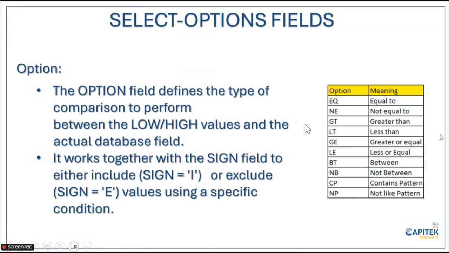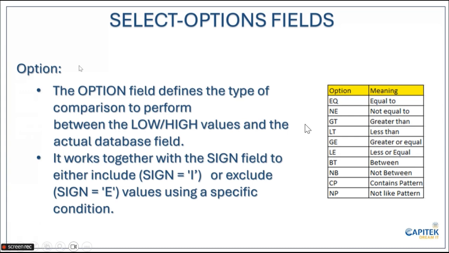By default, it will take between, but if you specially need something relevant, for example not between, meaning not within that range, then you will say not between. You can use these options as per your requirement.